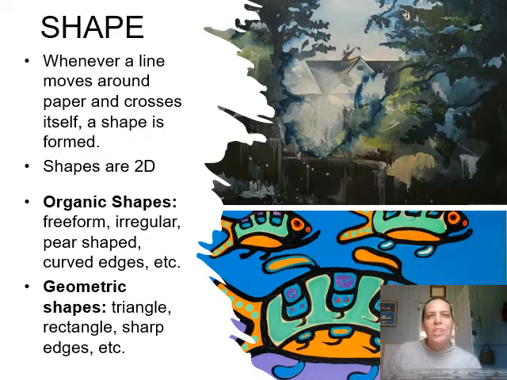Whereas geometric shapes tend to be sharper, triangles, rectangles, man-made products. The circle is always a confusing category here, and the circle is sort of both organic and geometric. So we won't worry too much about that. But if you think sharp and smooth, you get the mood that is underlined by different types of shape.